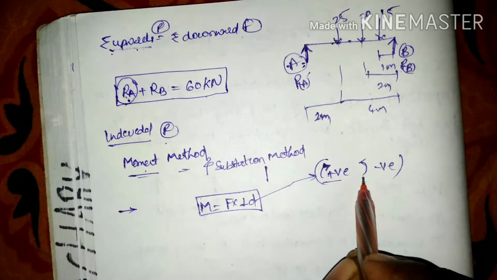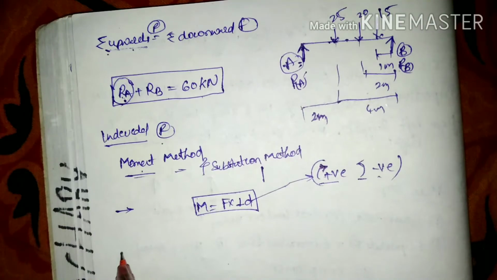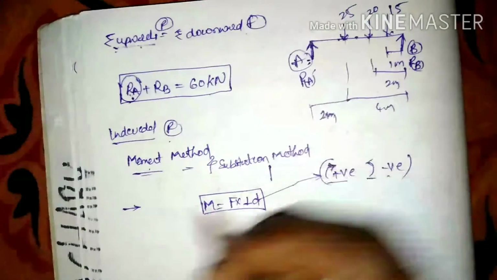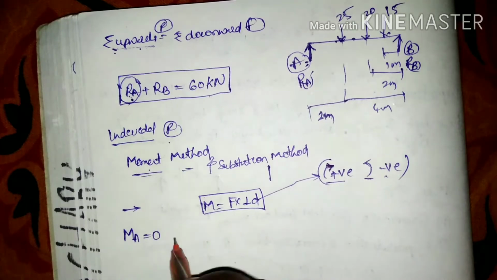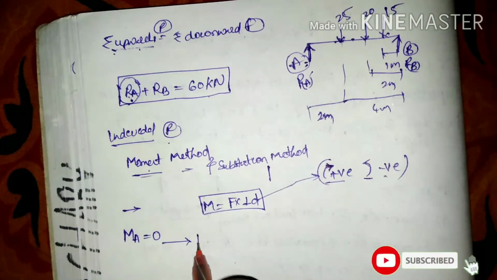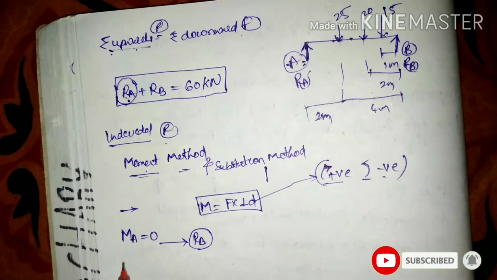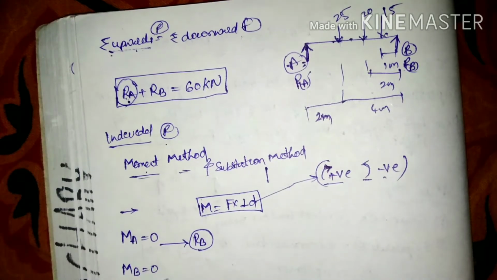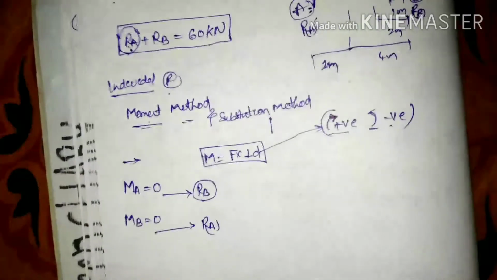If the same is in an anti-clockwise direction, it is going to be negative. If I take the moment about A equal to 0, I am going to find the value of reaction RB. If I take the moment about B equal to 0, I am going to find the reaction at A.